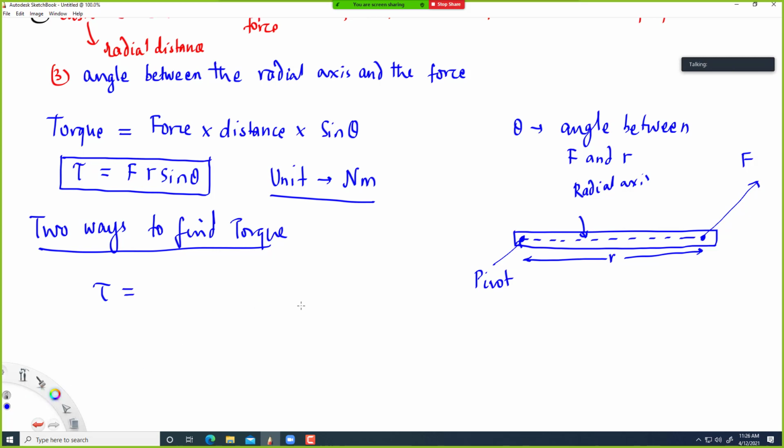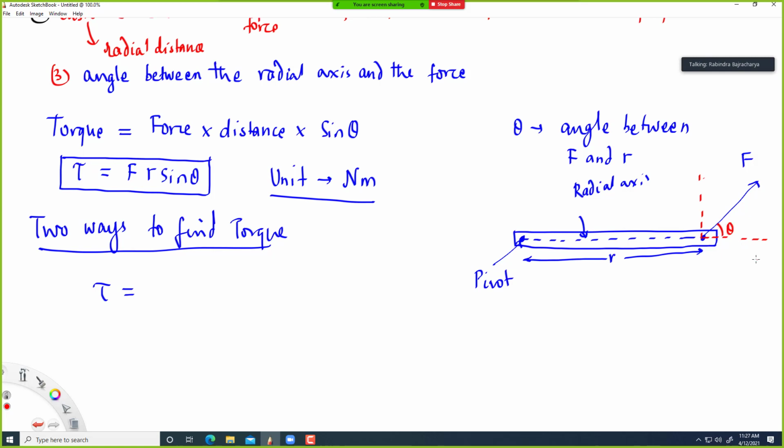So the first way is to break this force into two components. Okay, so this force has this vertical component and this horizontal component. Let's say this is angle theta.